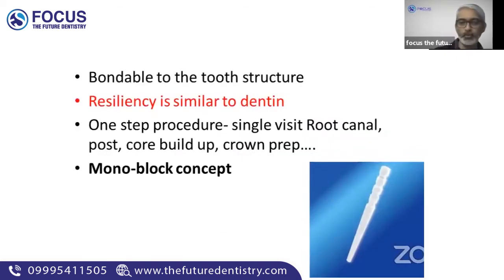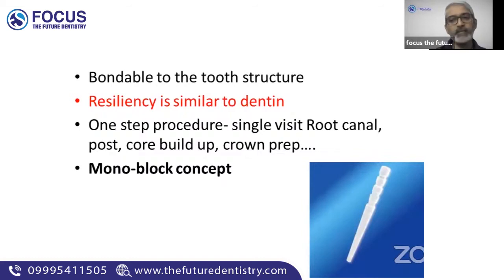So basically they are bondable to the tooth structure, with resiliency similar to dentine, and in one single step everything will be over. This particular thing is called the monoblock concept. When you bond the tooth, the post is bonded to the tooth using your resin cement, and only resin cements can be used. So your post is bonded to the root, and the core is bonded to the post.